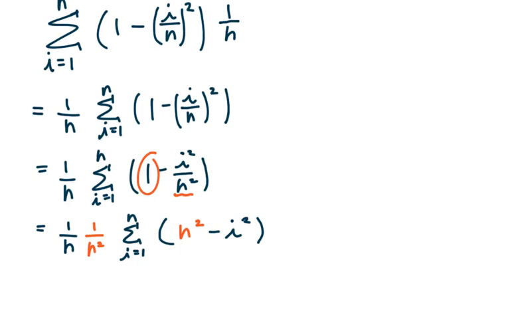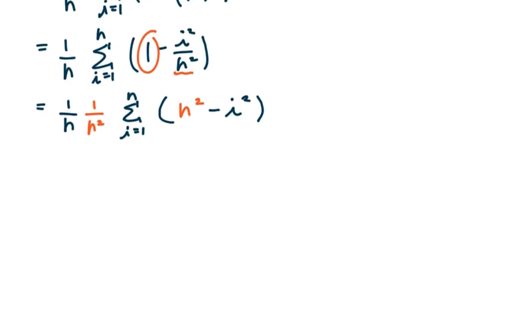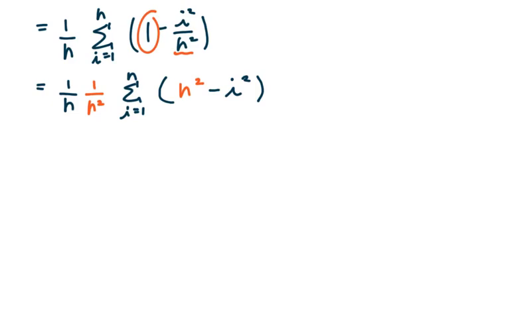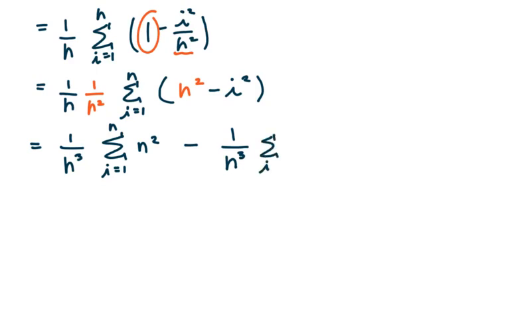So now let's break up this sum. So now I've got 1 over n cubed in the front times the sum as i equals 1 to n of n squared minus 1 over n cubed times the sum as i equals 1 to n of i squared.